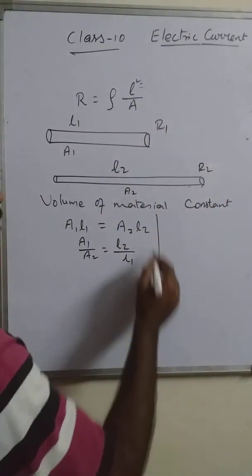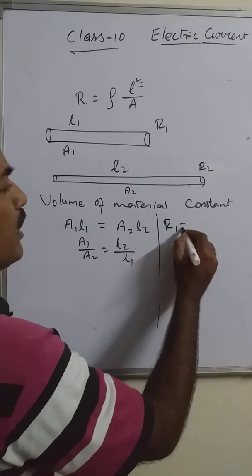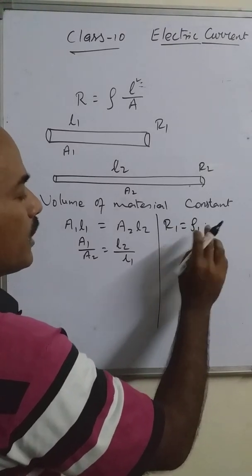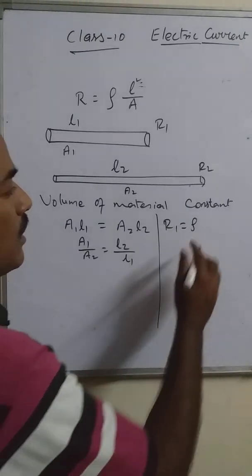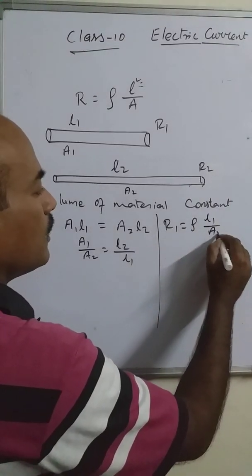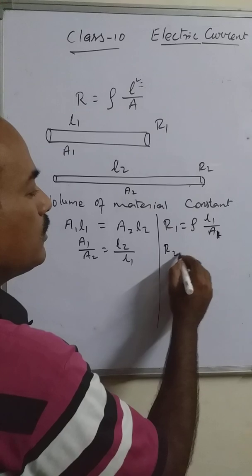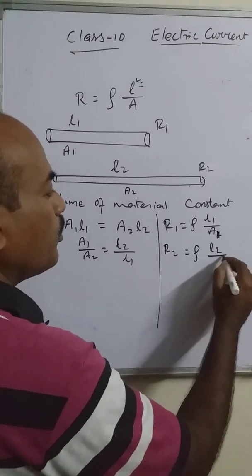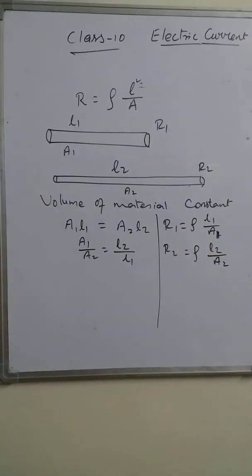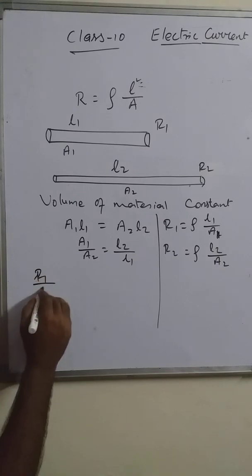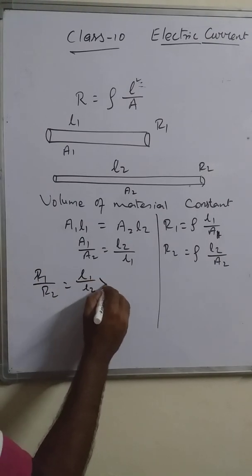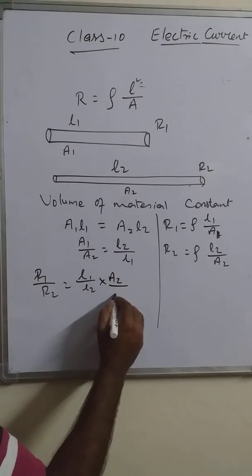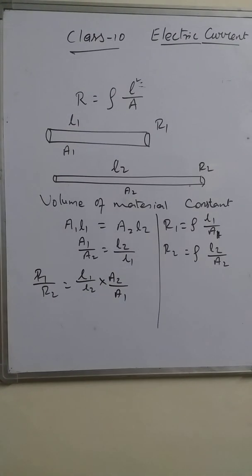In the beginning, before stretching, R1 equal to rho L1 upon A1, because resistivity will not change. Then R2 equal to rho L2 upon A2. If we take the ratio, then R1 upon R2 equal to L1 upon L2 into A2 upon A1, right?